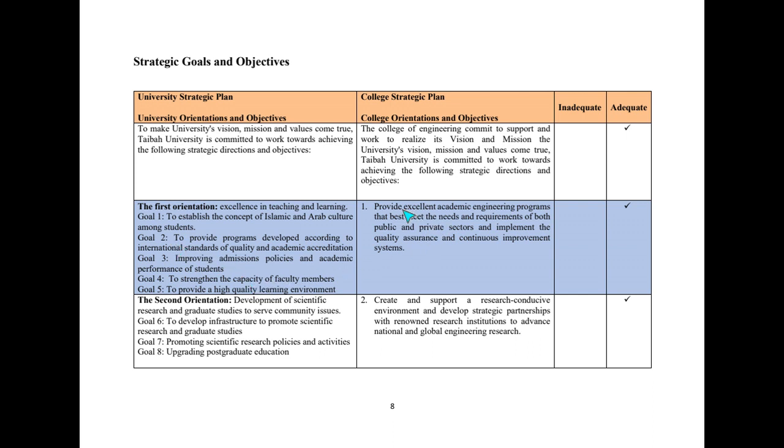At the college level, providing excellent academic engineering programs that best meet the needs and requirements of both public and private sectors and implement the quality assurance and continuous improvement system. This is a goal. This is very broad now. Still, it's broad. We will go to a smaller level when we go to the objectives later.